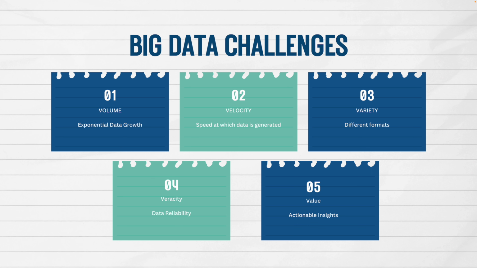So, in a nutshell, traditional tools like relational databases, data warehouses, and batch processing frameworks have limitations in handling these big data challenges. Distributed computing frameworks like Apache Spark or Apache Hadoop have emerged to address these challenges by providing scalable, fault-tolerant, and parallel processing capabilities.